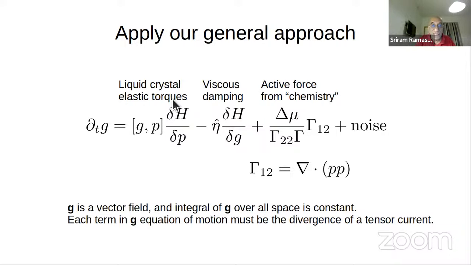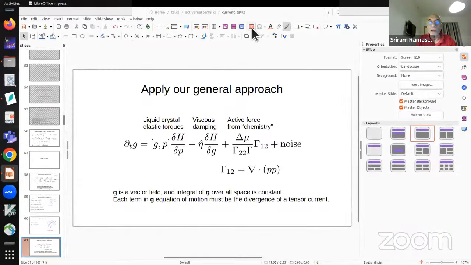And that is this stuff. There's also the things that are already there in a simple fluid, like viscosity, which I don't look at in detail in the forms of these terms. I'm showing them schematically. Okay. This is a viscous damping term, which I've just shown schematically. This is elastic torques on the liquid crystal. And let me edit this and write down one more term. I'm pretending this is a blackboard.